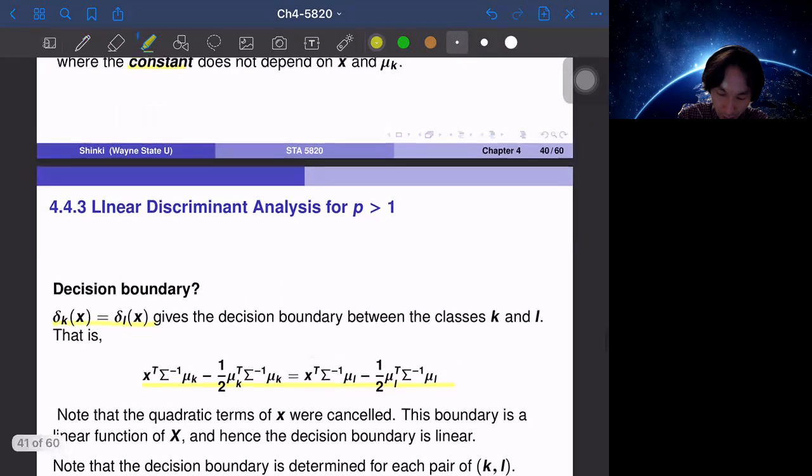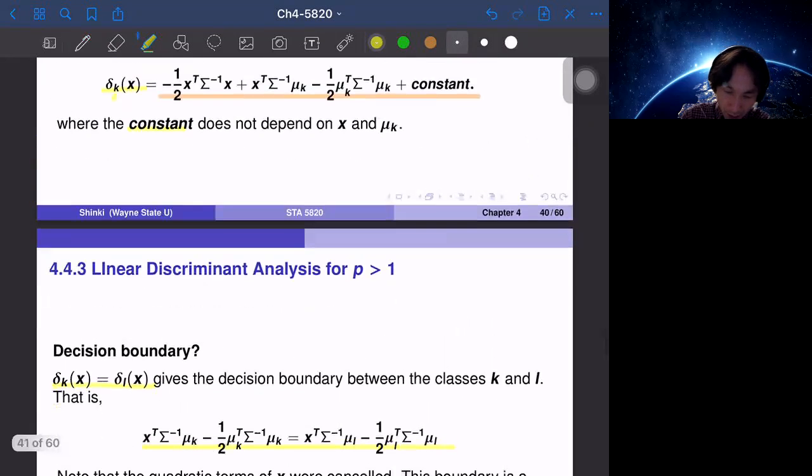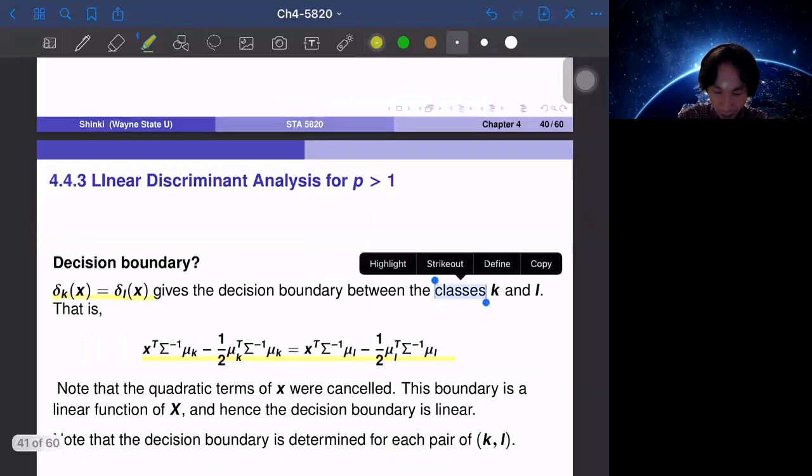Remember that on the previous page we have the negative 1/2 times x transpose sigma inverse x. This is the same term for both k and L, so mu sub k or mu sub L do not matter for the first term. So this term cancels, and only the remaining terms are important.